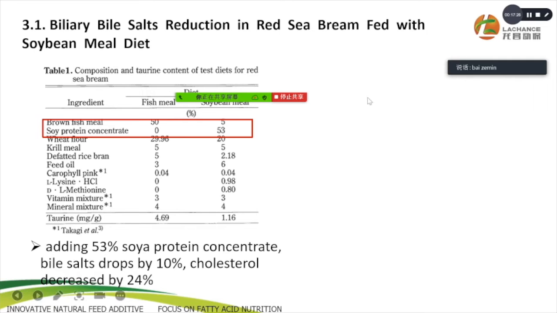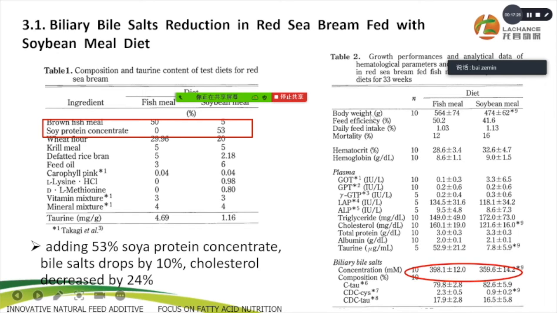fish meal. But finally, we found that fed with a high percentage of soybean meal, the body weight of the fish decreased by almost 20%. Feed efficiency decreased by 16%, and the daily feed intake increased. Of course, the mortality also increased.